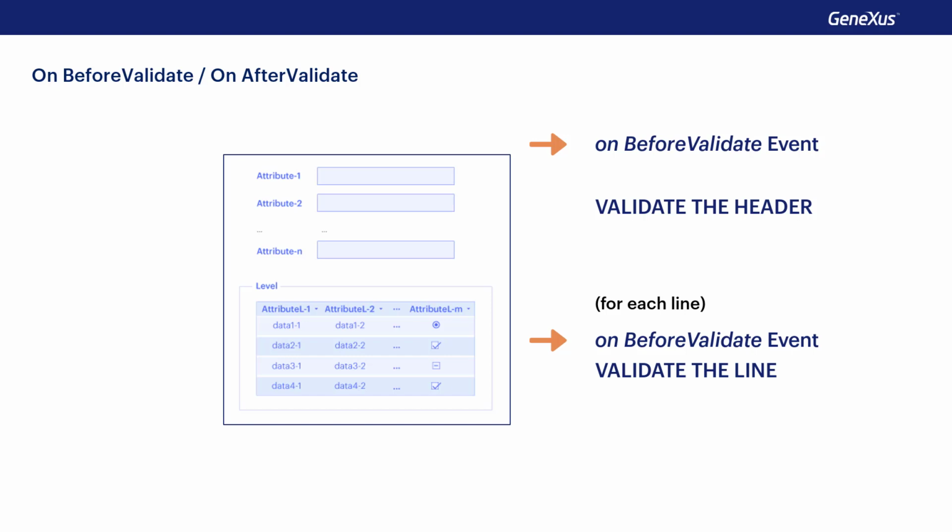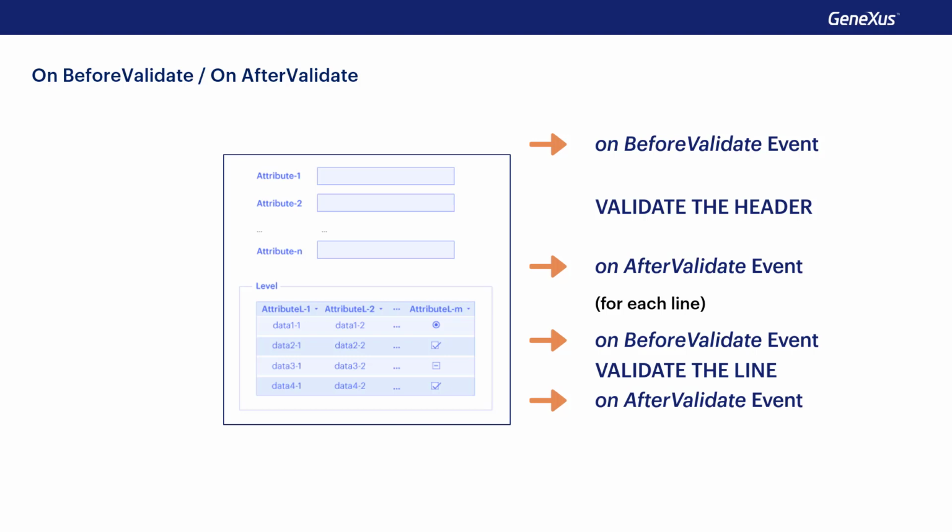Remember that here, all the rules that are not conditioned to any triggering events and that are related with the level will have already been triggered. Also, the triggering event on AfterValidate allows determining that a rule will be executed immediately after the data of that instance has been validated, before it's physically saved in the corresponding table.